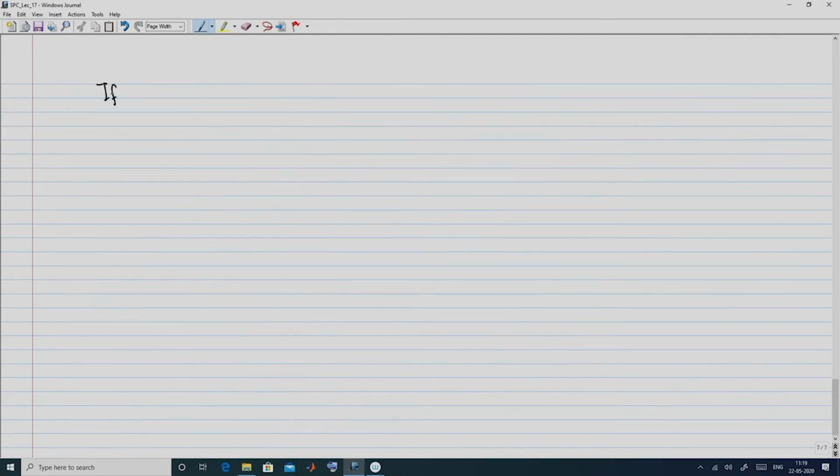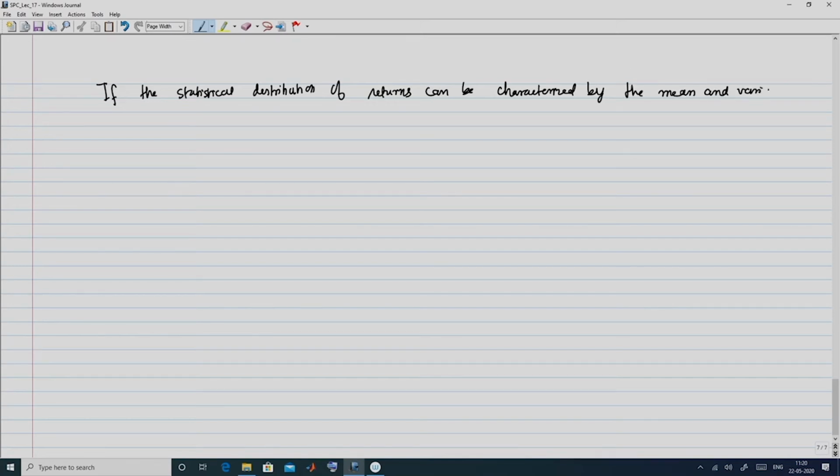So, now let us look at a specific situation, that if the statistical distribution of returns can be characterized by the mean and variance. So, no other moments or parameters are required.